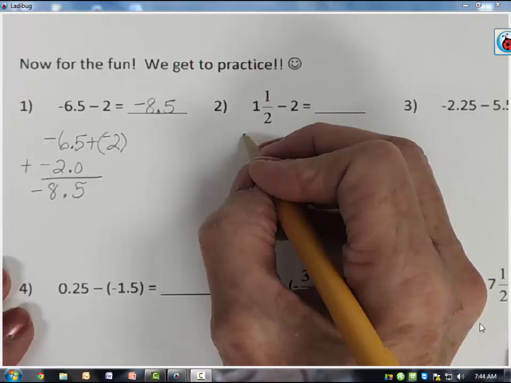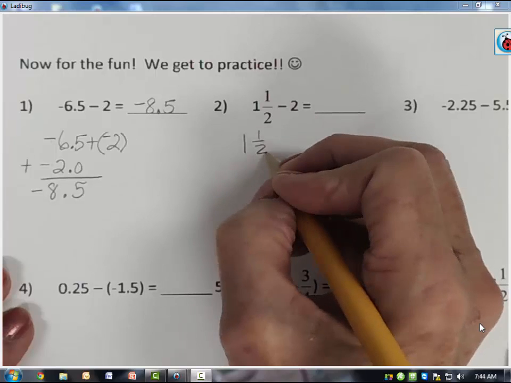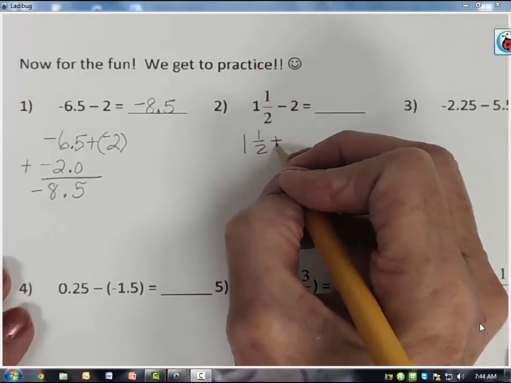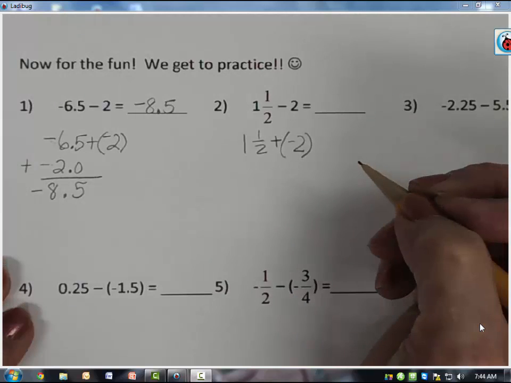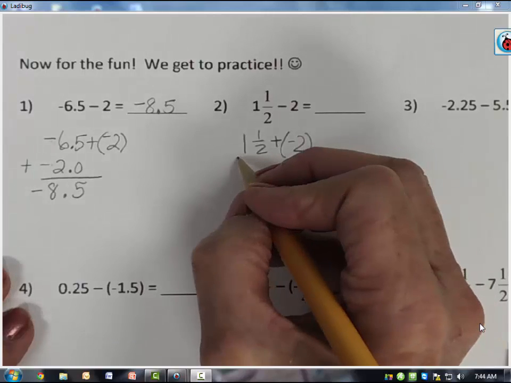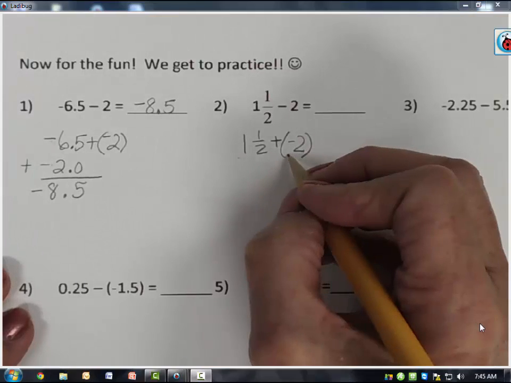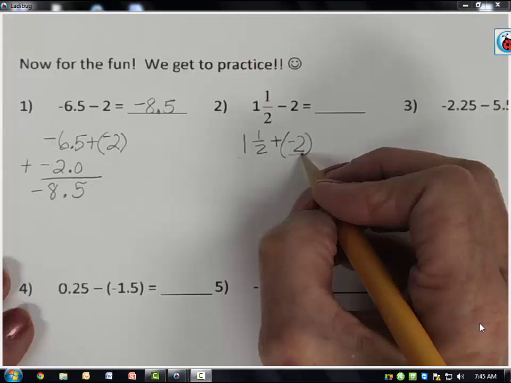So 1 and 1/2, change, and then change to negative 2. If we're adding positive 1.5 plus negative 2, those are different signs, so we actually have to subtract. What is 2 minus 1.5?